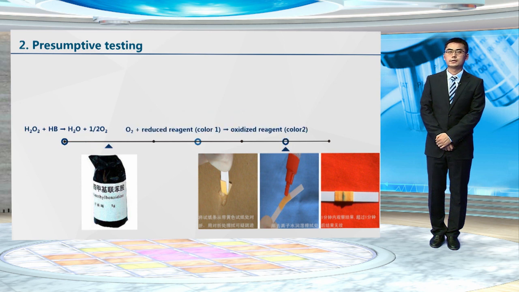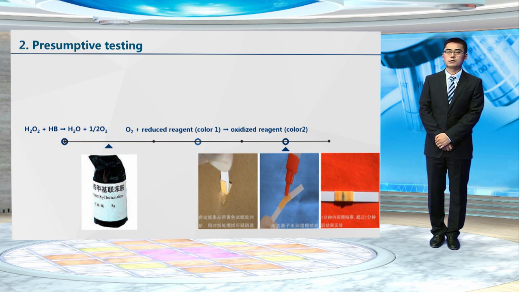The second part, presumptive testing. Presumptive tests for bloodstains are based on the detection of heme, a component of hemoglobin in red blood cells, or heme derivatives.